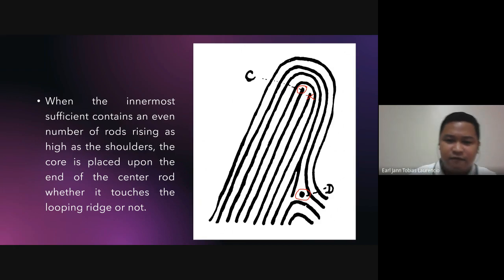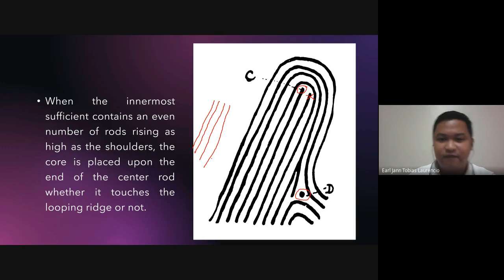Now, for example, another example. Here I will draw again a rod. For example, there are 4 rods. There are 4 ridge endings located at the innermost part of the pattern area. Okay.